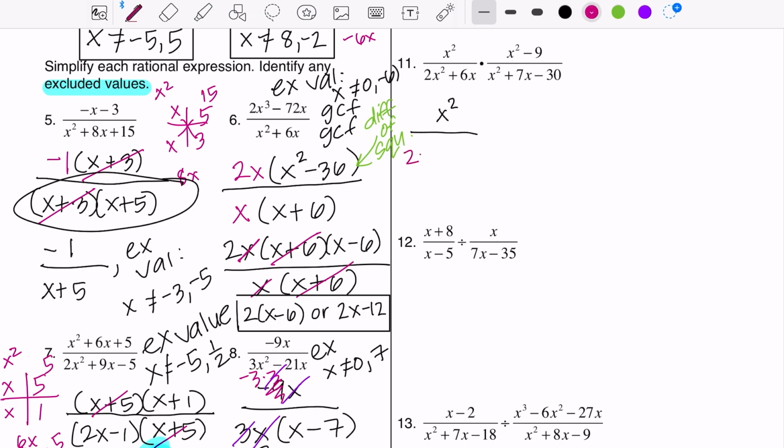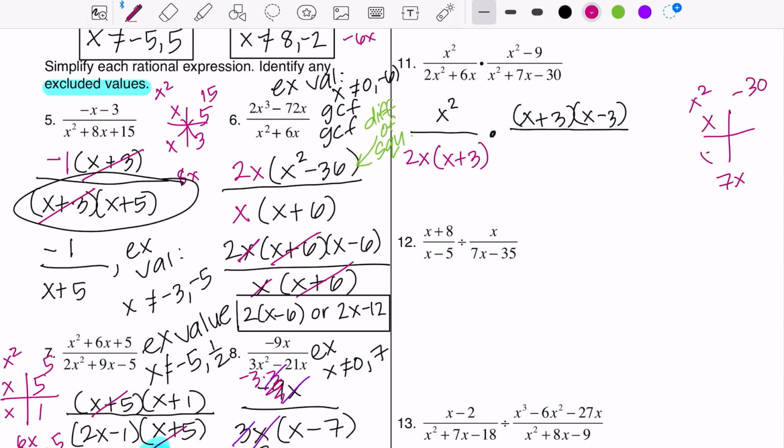This one has a 2x in common. This is a difference of perfect squares. And then the bottom one, we can t-chart. So we get x minus 3 times x plus 10.